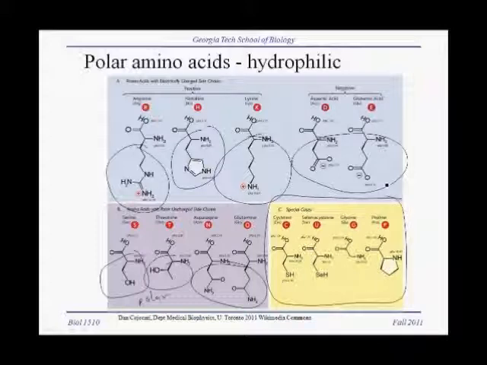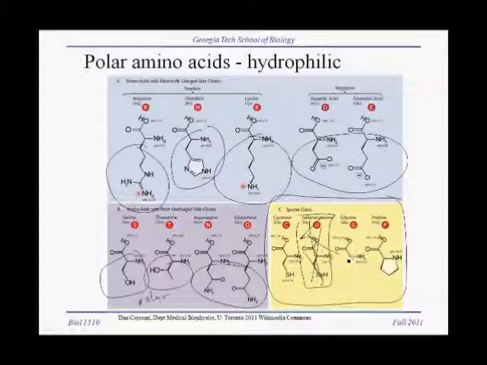In this figure here shown in group C, these are special cases. We're not going to worry about selenocysteine, which is the so-called 21st amino acid. We're only going to deal with the conventional 20 amino acids. These special cases are not hydrophilic, but they do special things. Glycine basically has no side chain.